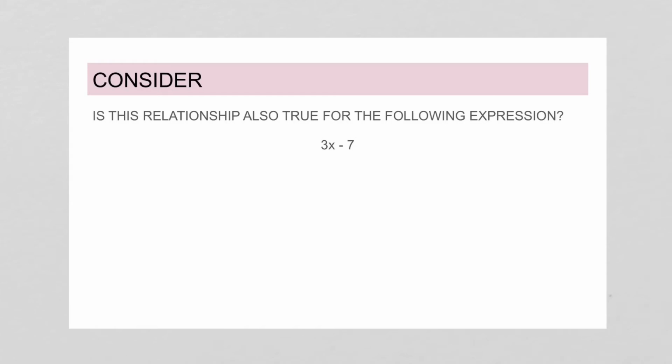All right, would this relationship also be true for this expression? I want to know if I can find the opposite of 3x minus 7, and add it to the first one to get 0. So let's do the same thing. What is the opposite of 3x?